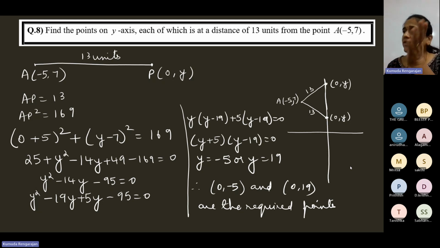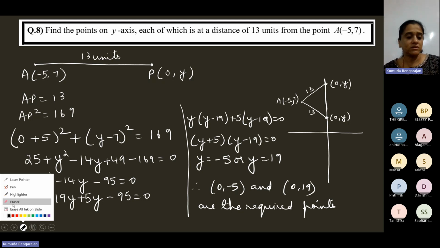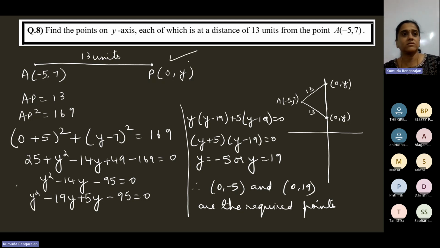So we need to find the address of the points on the y-axis which are at a distance of 13 units from A. So represent the information like this. So from this, AP is 13, squaring on both the sides, AP square is 169, use the distance formula. So you get a quadratic equation and two values for y. So using the two values for y, you can write the address of the 2 points.